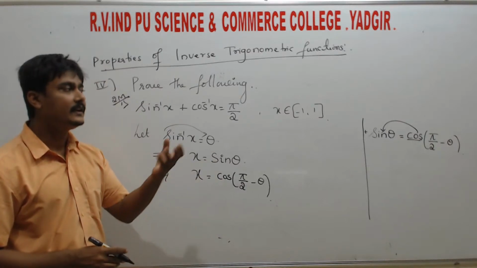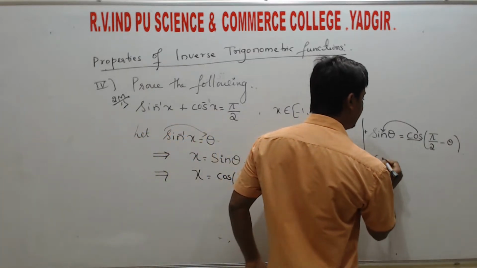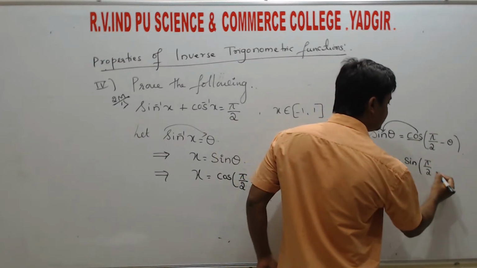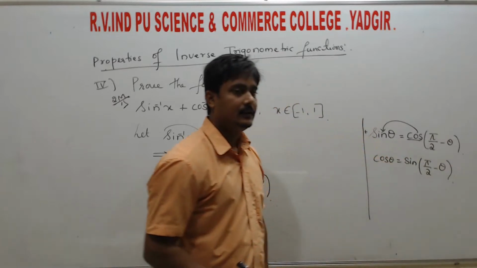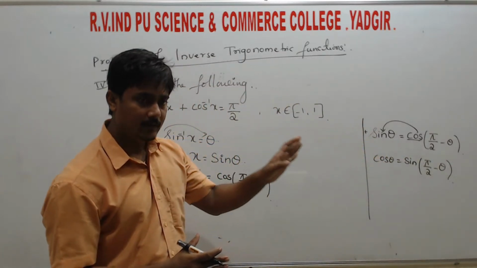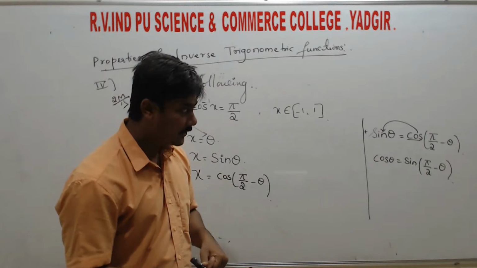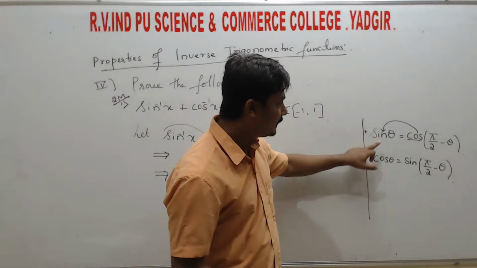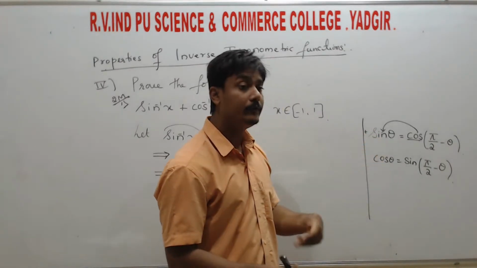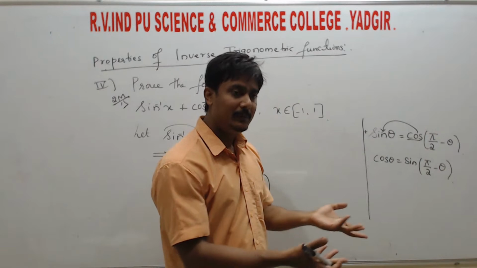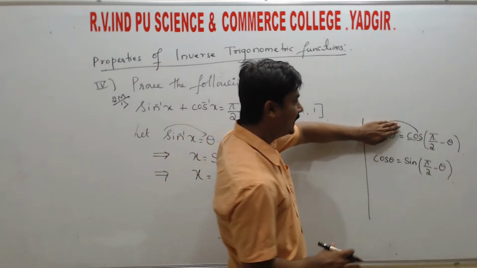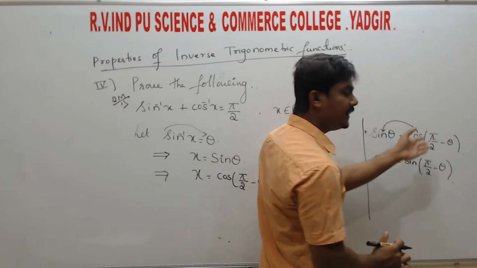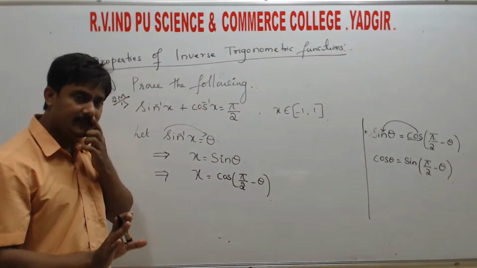You can write sin theta as cos of 90 minus theta and cos theta as sin of 90 minus theta, because sin theta and cos theta are the co-functions, complementary functions of one another. That's why sin theta can be written as cos of 90 minus theta and cos theta can be written as sin of 90 minus theta.